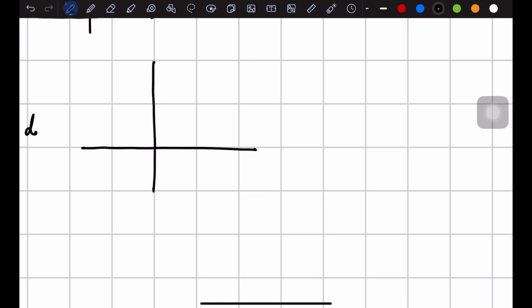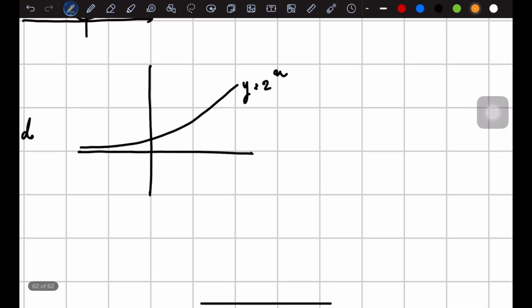Let's start with the example that I just said. This one is y is equal to 2 to the power of x. Now let's multiply it by something, for example, 5. The graph of it would be a bit different.